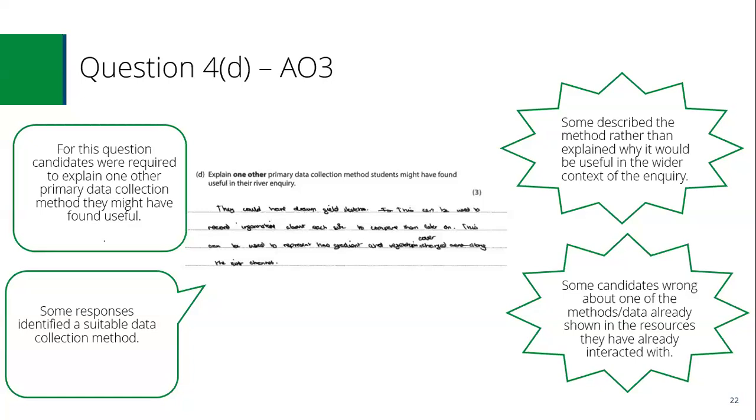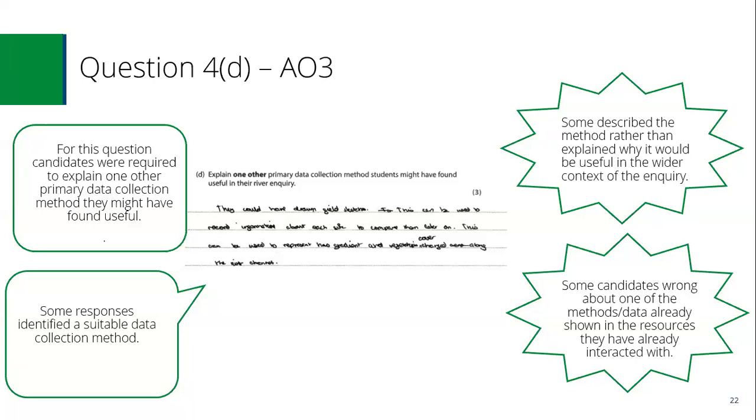Some candidates wrote about one of the methods or data already shown in the resource they had already interacted with, such as river depth or velocity, and therefore could not be awarded any marks, as the question stated another method, not the same. This example was awarded 3 marks as it highlighted a relevant method and clearly explained how it would be useful.